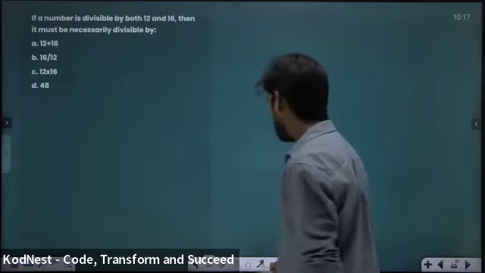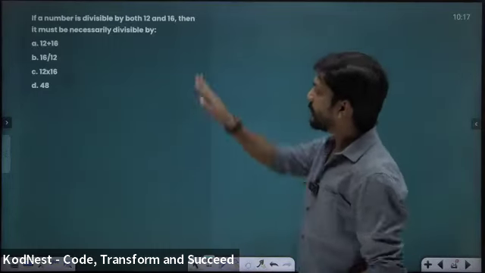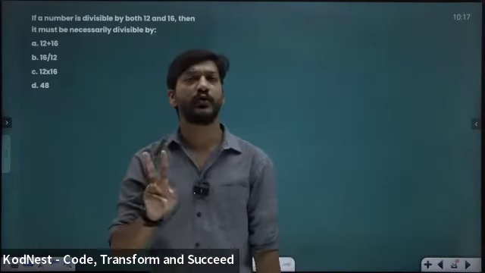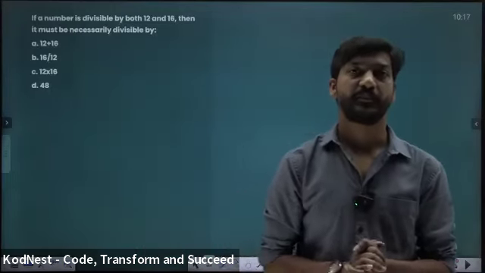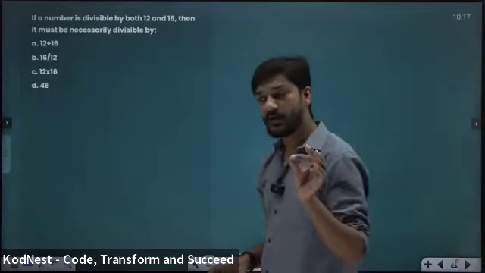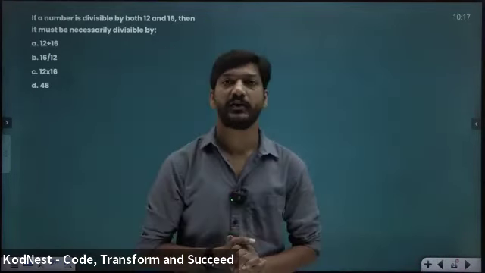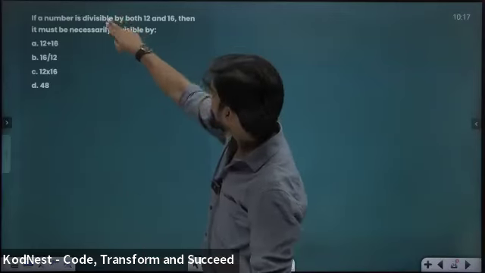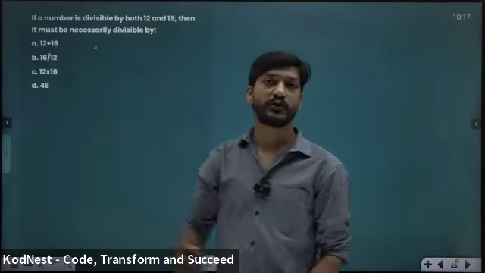Okay, see please. A number is divisible by both 12 and 16. Only two numbers. So what can I say with 100% surety? The number is divisible by these two, so the number will be divisible by their LCM also.